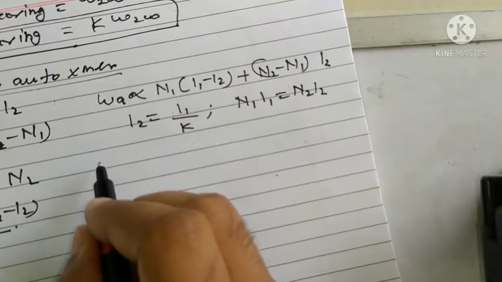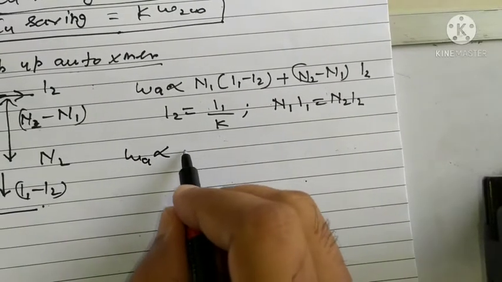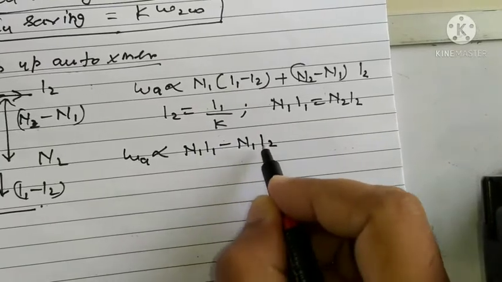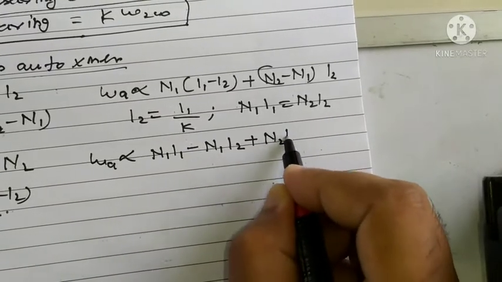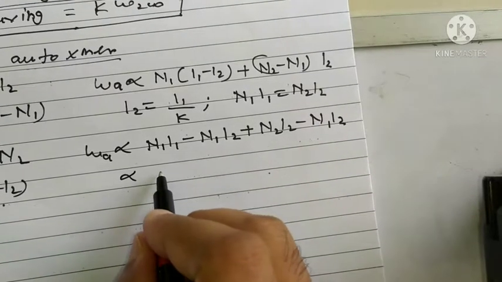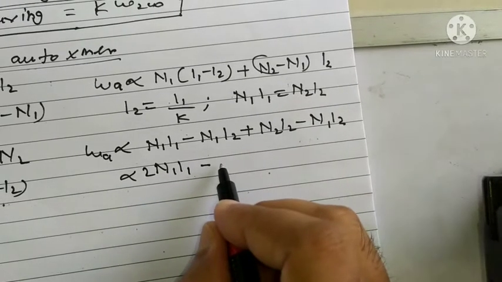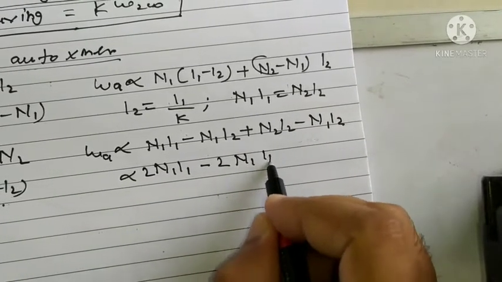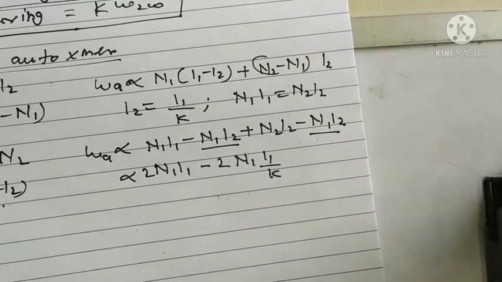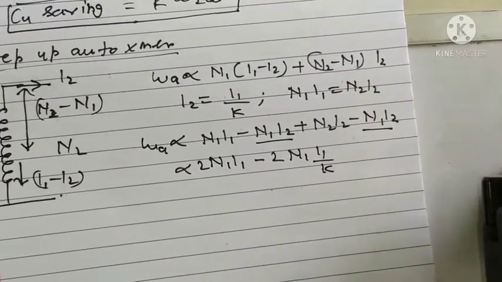Therefore, W auto will be directly proportional to N1 I1 minus N1 I2 plus N2 I2 minus N1 I2, that is directly proportional to twice N1 I1 minus twice N1 I1 by K. This N1 I1 and N2 I2 will be twice N1 I1, and I2 is replaced by I1 by K.